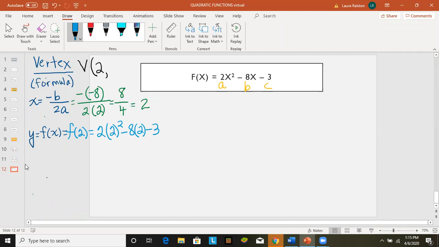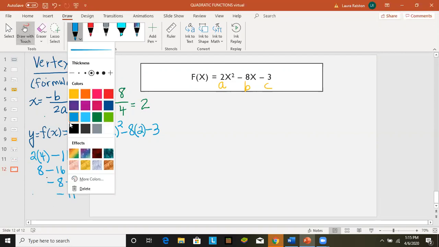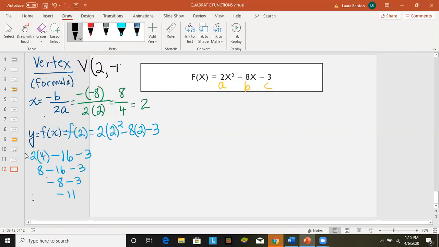Then I'm going to do the math. 2 times 2 squared is 4 minus 8 times 2 is 16 minus 3. 2 times 4 is 8 minus 16 minus 3. So I have 8 minus 16, which is negative 8, minus 3, which is negative 11. So the y coordinate of the vertex is negative 11.